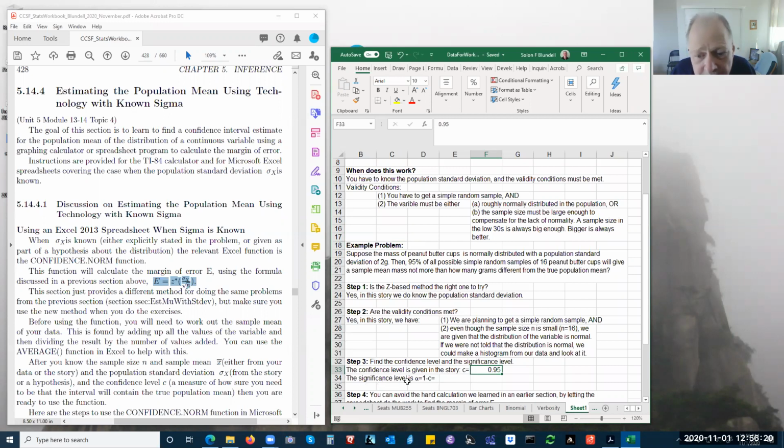We're going to find the significance level, alpha. That's 1 minus c. So in Excel, to make a formula, I start with an equals mark. I'll do 1 minus, and I'll click on the C, say enter. So there's 95% confidence and 5% significance. So I found alpha.